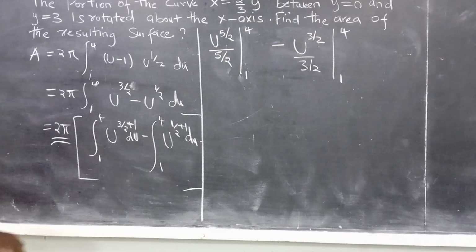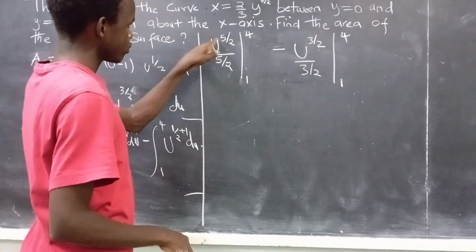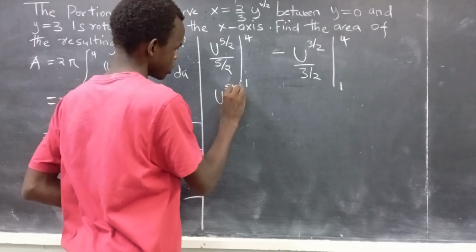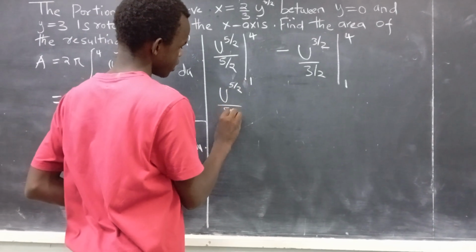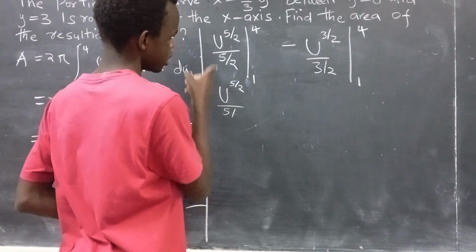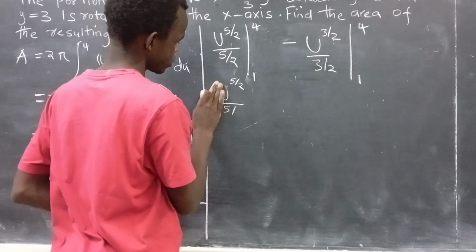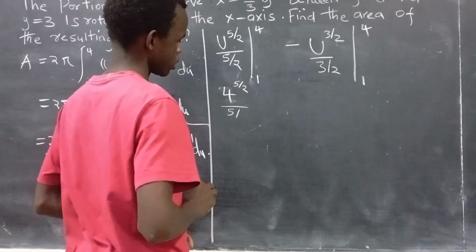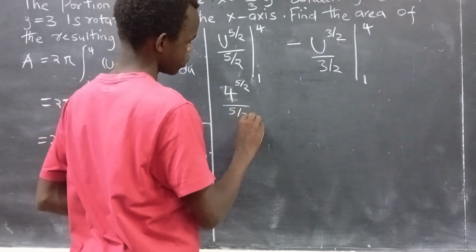Okay? So performing that, I'll replace u with 4, so I'll get 4 to the 5 over 2 divided by 5 over 2.